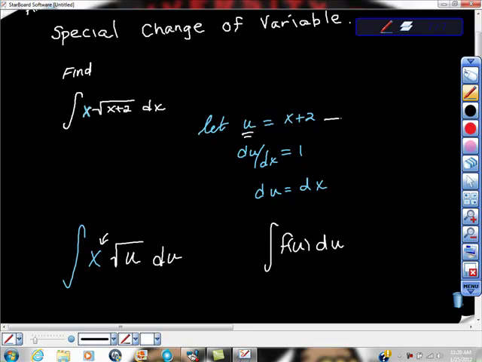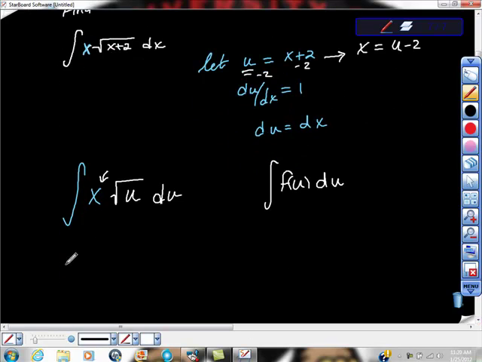So all I'm going to do is go back to this and solve for x. I'm going to subtract 2 from both sides, and we get that x is equal to u minus 2. Look what that gives us. Just going to rewrite again. Here's our integrand: u minus 2, because x is equal to that.